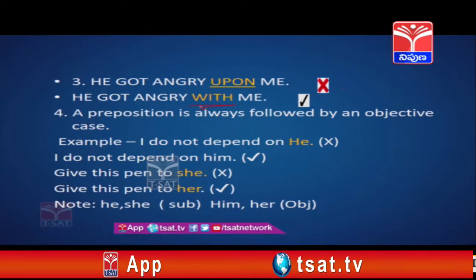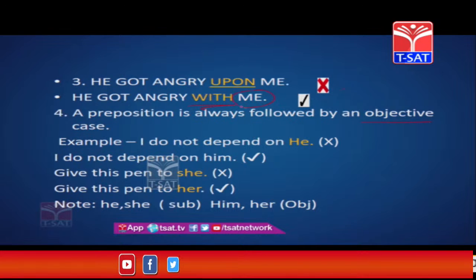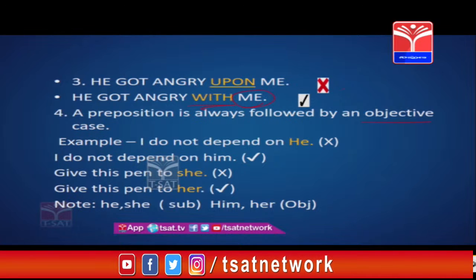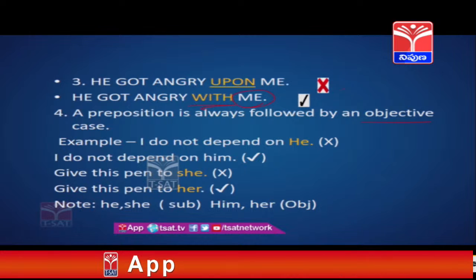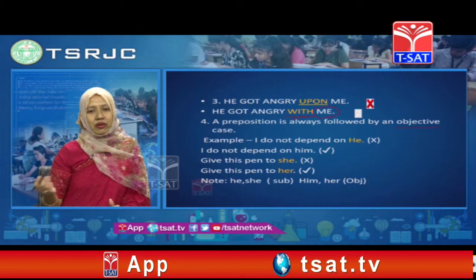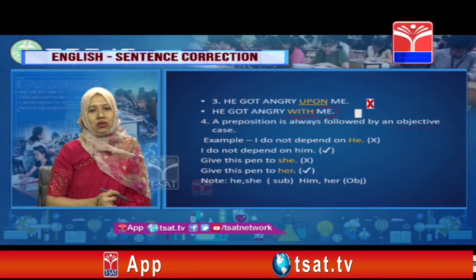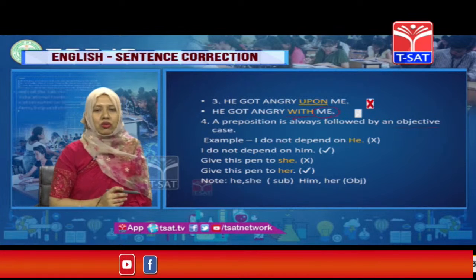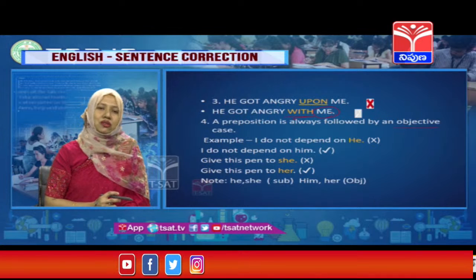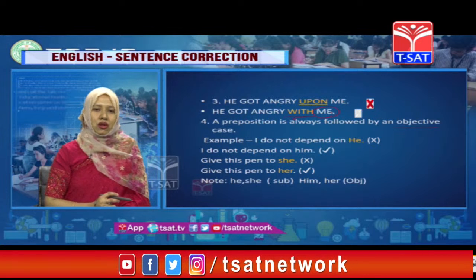A preposition is always followed by an objective case. When it is "me", it should always be with me, with him, with her. He got angry with her. She got angry with me or with him. So when these pronouns are used in the objective case, you should use "with" as the preposition.